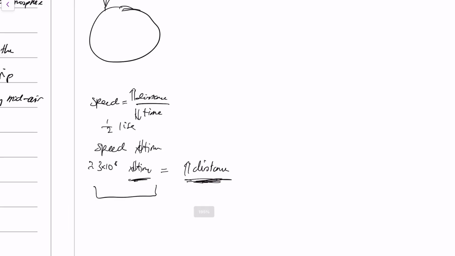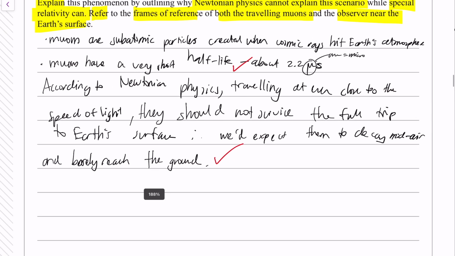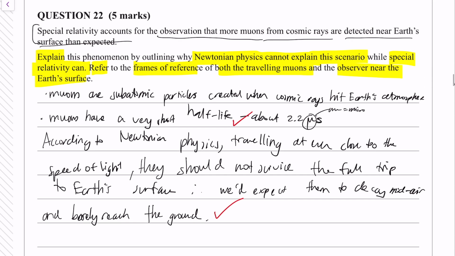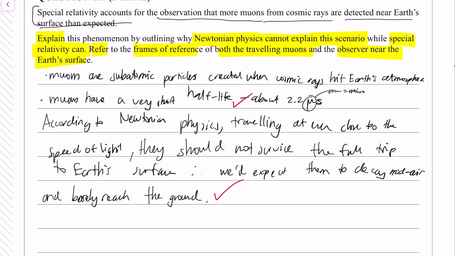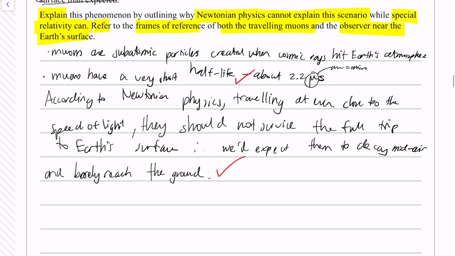Okay, so that explains why Newtonian physics cannot explain the scenario or observation. And yeah, just saying that Newton predicts that the muons won't make it to Earth's surface.